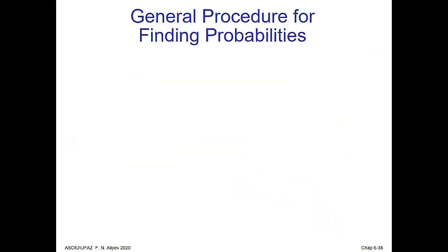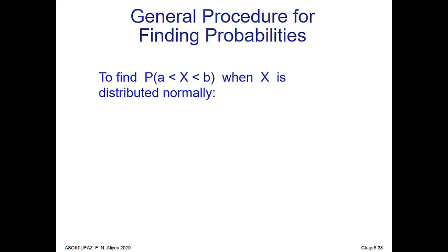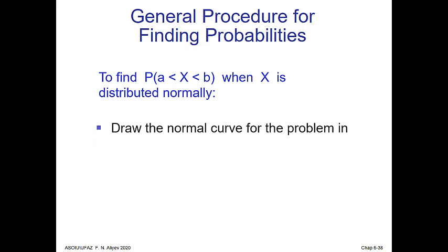In previous examples, we wanted to calculate probabilities directly for the standardized normal distribution. But now we need to consider the case where x is normally distributed. When x is normally distributed, we should follow these steps.